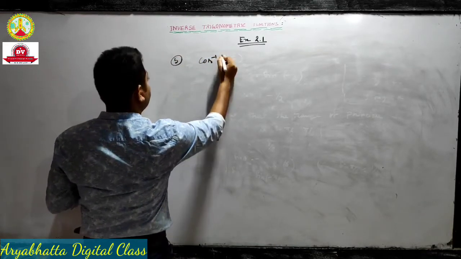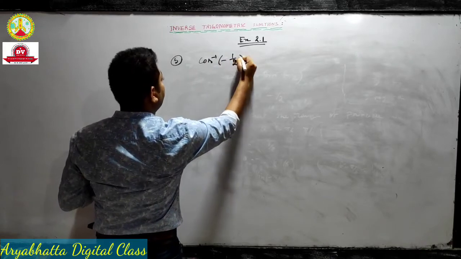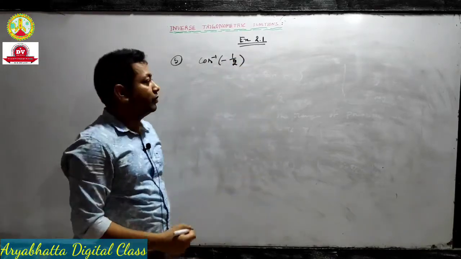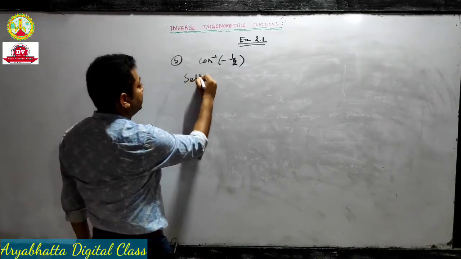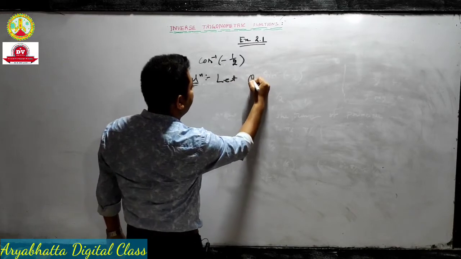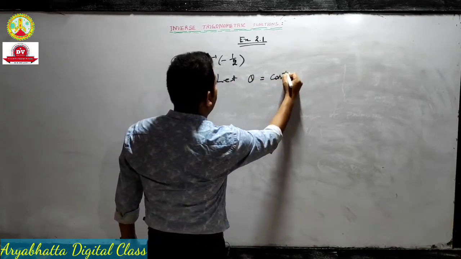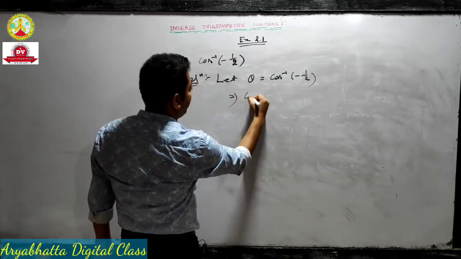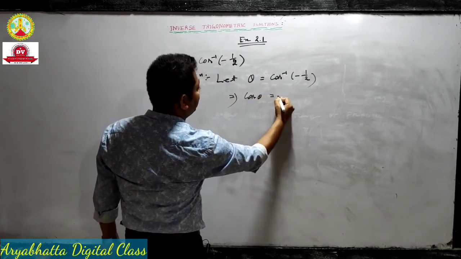Find the principal value of cos inverse minus 1 by 2. Solution. Let theta equal to cos inverse minus 1 by 2. Therefore, we have cos theta equal to minus 1 by 2.